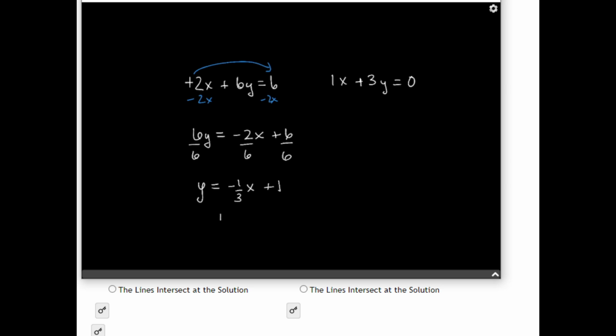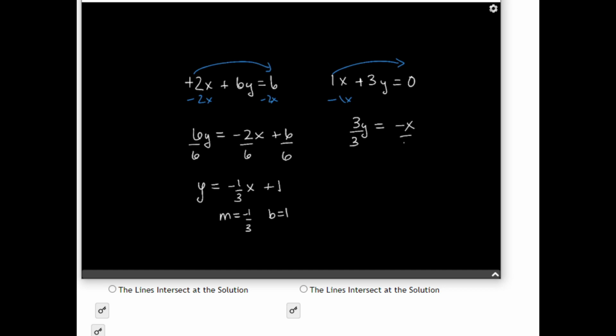So this is in slope-intercept form: my slope is negative 1/3, and my y-intercept is 1. I'm going to do the same thing for the next one, and I really want to show you what happens with this because it's a little strange. I move that x over from both sides, and then I'm left with 3y is equal to negative x.